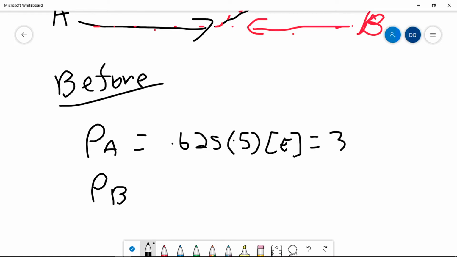So ball A had a momentum of 3.125 kilogram meters per second east.